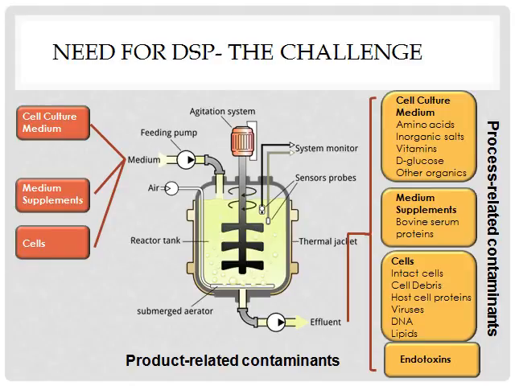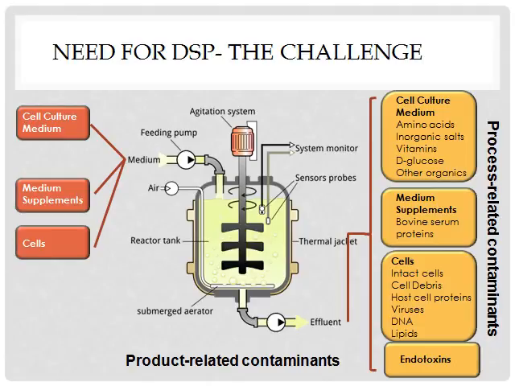This figure shows the need for downstream processing as well as the challenge. Here we show the bioreactor. The inputs for the bioreactor are cells, cell culture media, and media supplements. In the effluent, in addition to your specific product, we have cells.